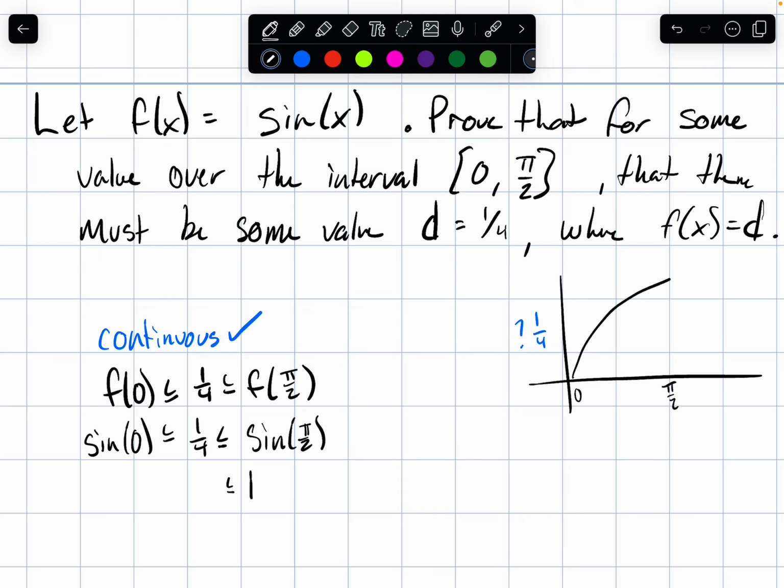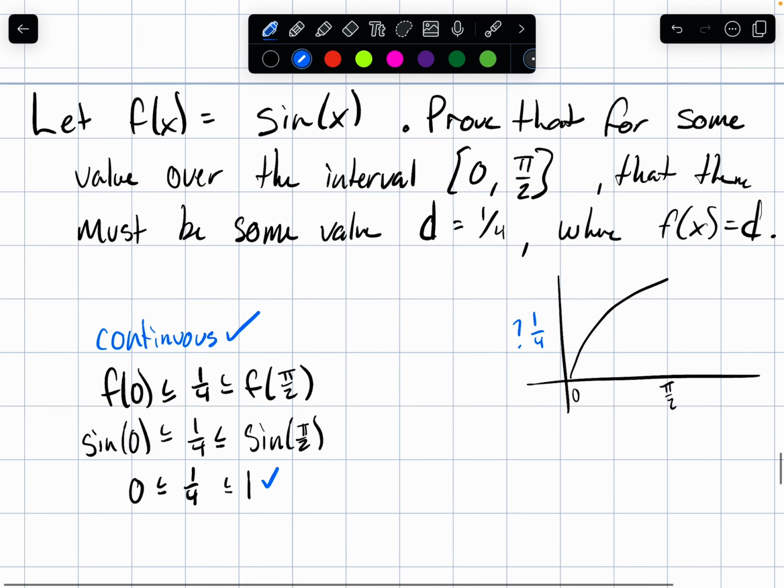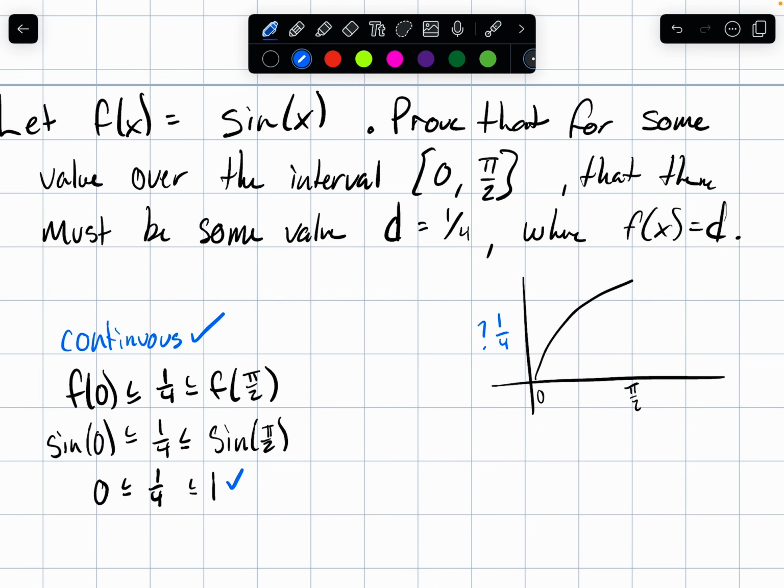It's 1, thinking about the unit circle. And sine of 0 is 0. So this part also checks out. So I have the two requirements to say that that point d is good, that 1/4 is good, and there's going to be an x value such that f of x equals 1/4.